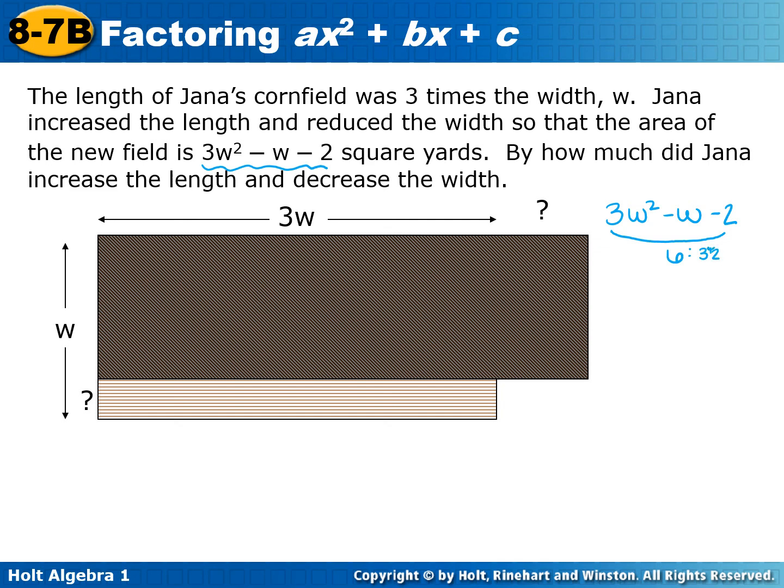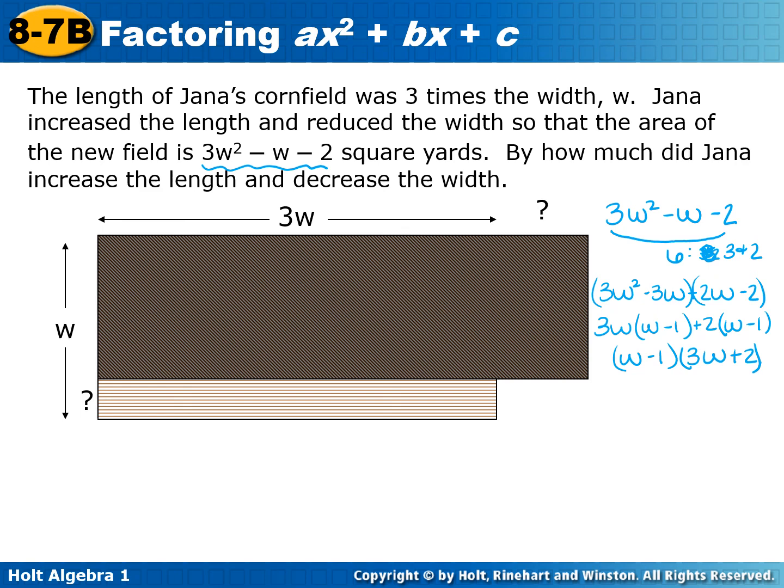Bigger sign gets the sign of b. So 3w squared minus 3w plus 2w minus 2. I'm going to group. I'm going to factor out a 3w, and I'm left with w minus 1 plus 2, w minus 1. So now I'm left with w minus 1 and 3w plus 2.